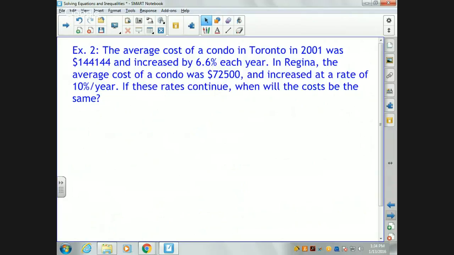In order to answer this question, we're going to need a couple of equations. Take a minute, see if you can come up with the equations.